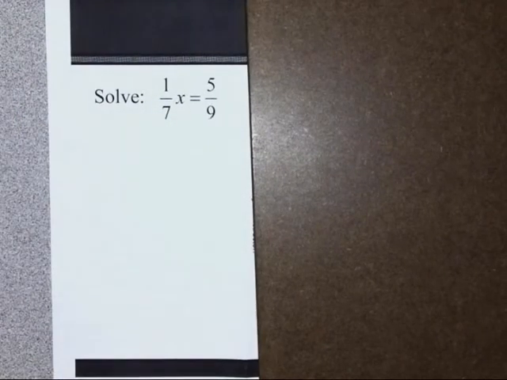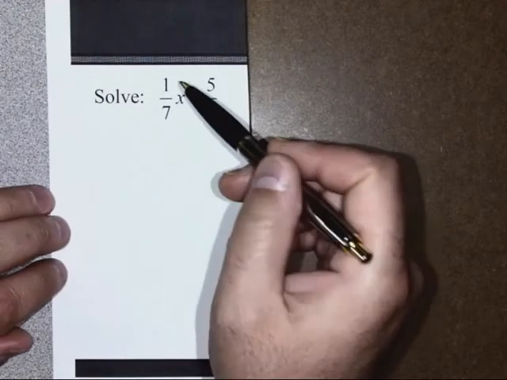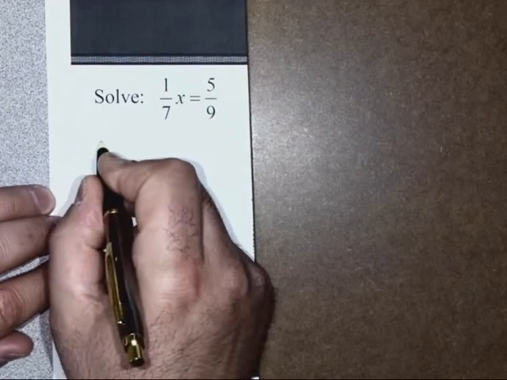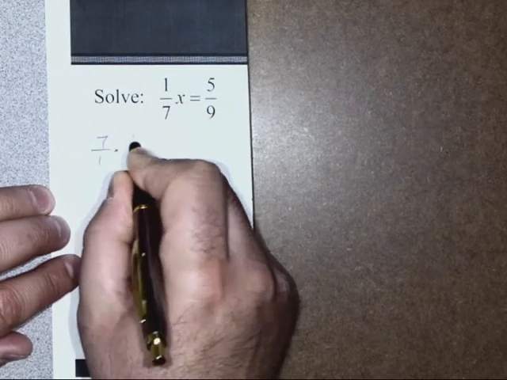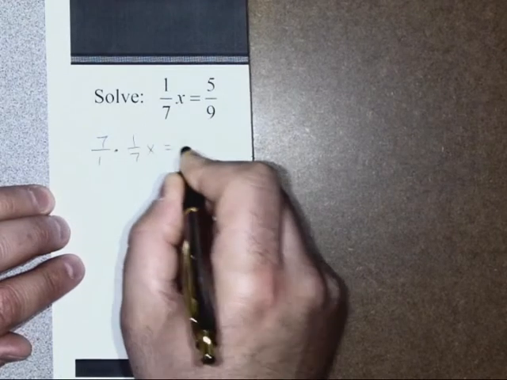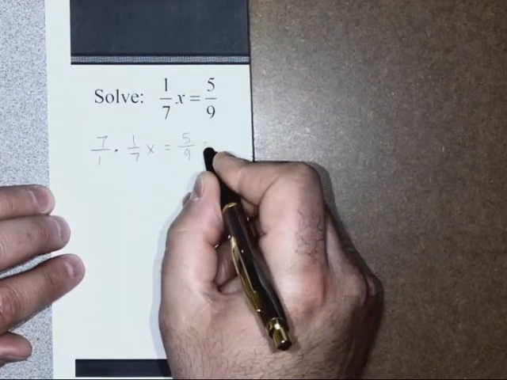So this is the same type of problem. 1/7 x equals 5/9. Once again, to get rid of the 1/7, multiply both sides by the reciprocal, which is 7/1.